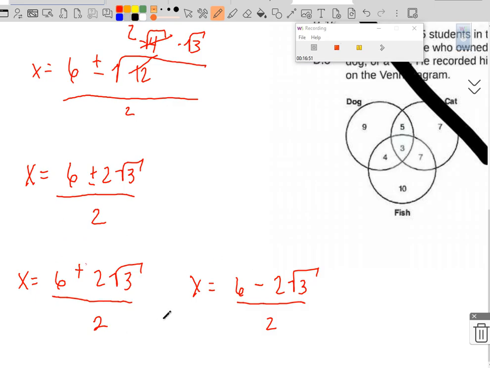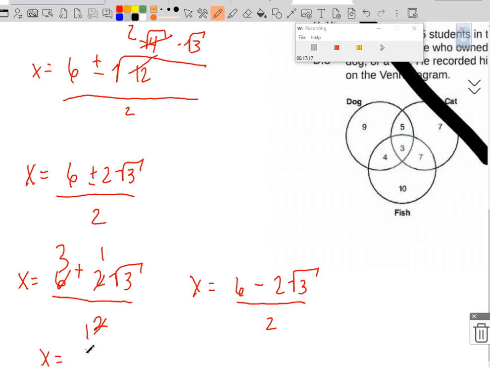What can I do now to these two solutions? So if this denominator has a factor that is in both the constant and the coefficient, we can simplify that, right? 6 divided by 2 is 3. 2 divided by 2 would be 1.